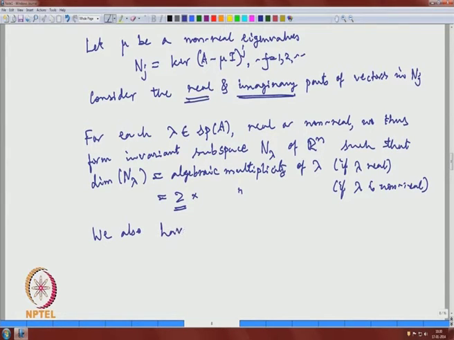By very construction, we also have that N lambda intersection N mu is just 0. Okay.